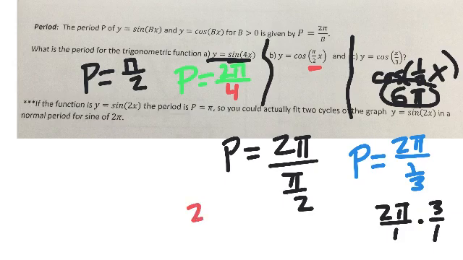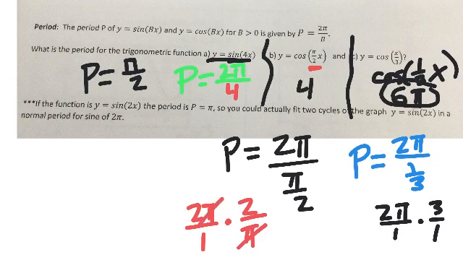I've got 2 pi over 1 multiplied by the reciprocal. These pi's cancel, and I've got 2 times 2, which is 4. So you can have a period that does not include pi, and when that happens, we would change our x values on our x-axis. We wouldn't have to go in terms of pi anymore. We would just use regular old numbers, 1, 2, 3, 4, and so on.